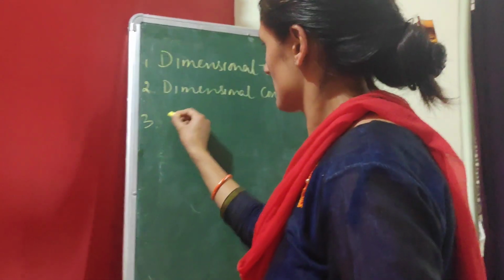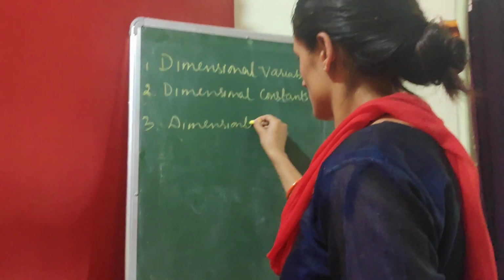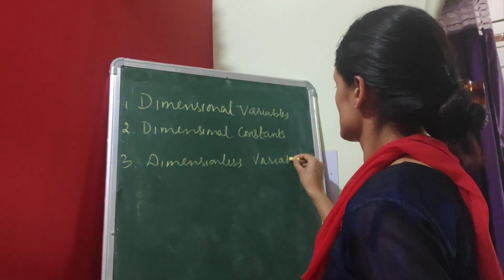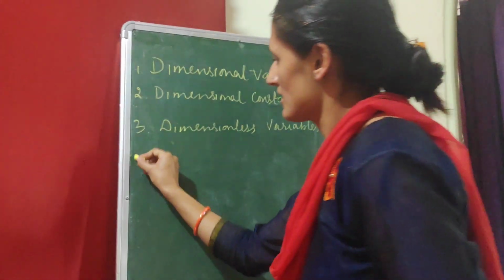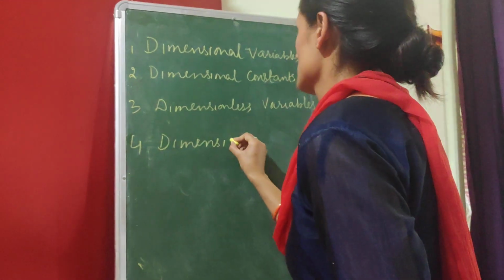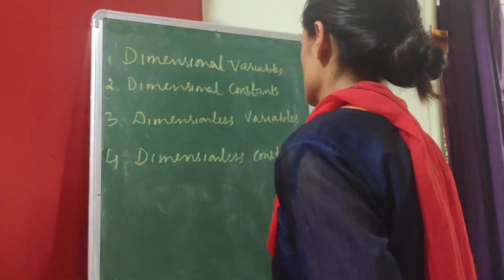Third is dimensionless variables. And fourth is dimensionless constants.